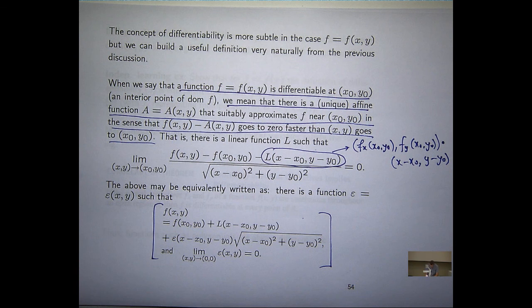Anybody know what the affine function was for functions of one variable? What was the graph of the affine function? You said it. It was a tangent, right? So now we're working in functions of two variables. What do you think the graph of the affine function would be? A plane.